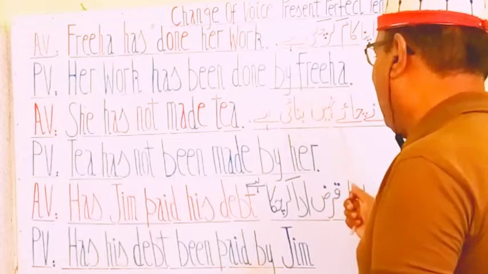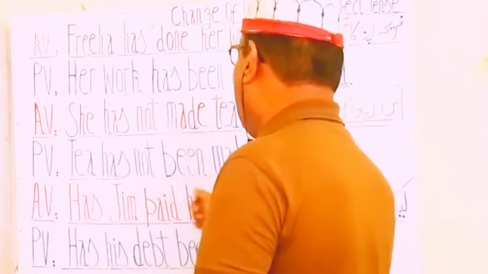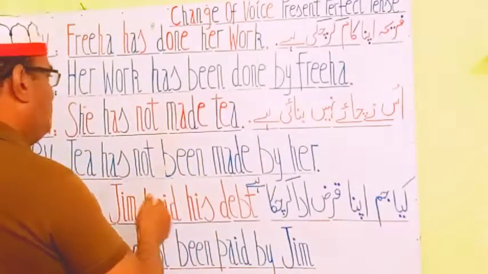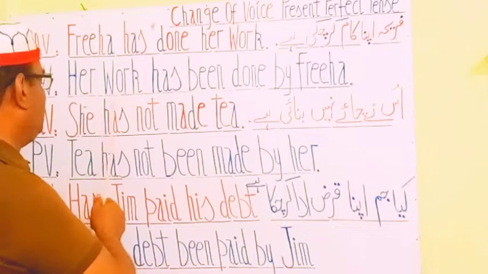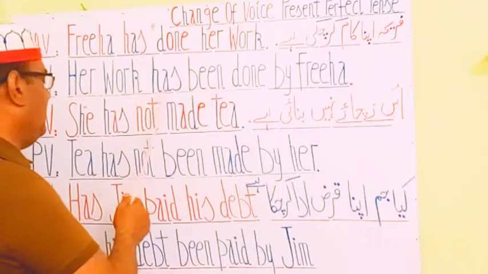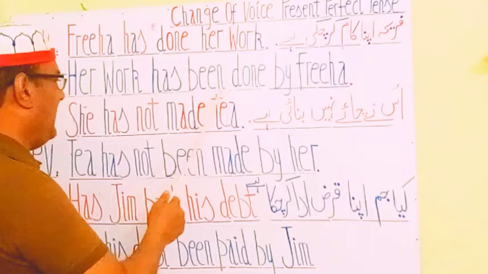Her work has been done by Friha. Here you see the changes. Her work is the subject here. In this passive statement, has will stand as it is, the helping verb, and been is added.